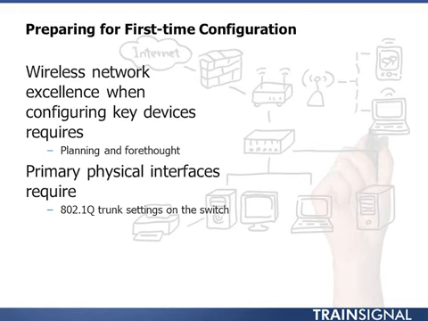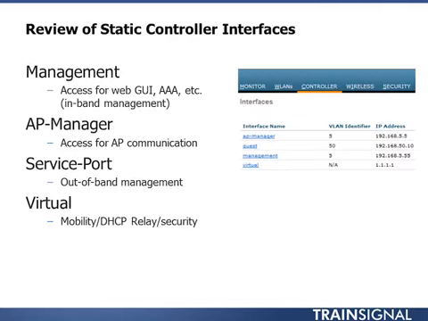Let's go through some of the things that you need to capture as part of your plan. So the first thing I want to do is talk about the static controller interfaces. The first one is the management interface. Now, the management interface is used for connections to external services such as a AAA server or DHCP server, or if you're using a web server.